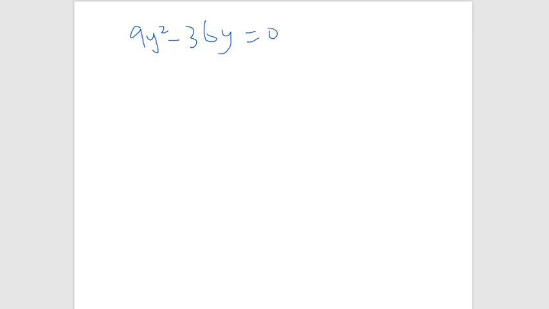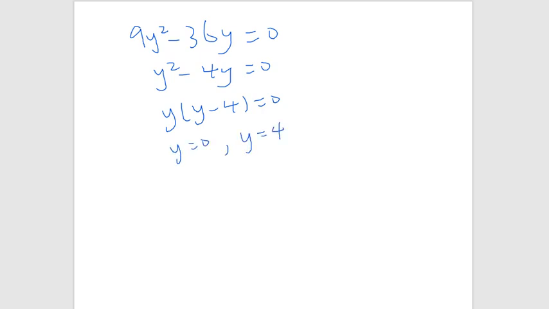You can divide by 9. So it's y squared minus 4y equal to 0. You can take out y, and y minus 4 equal to 0. So y equal to 0 or y equal to 4. There are two answers.